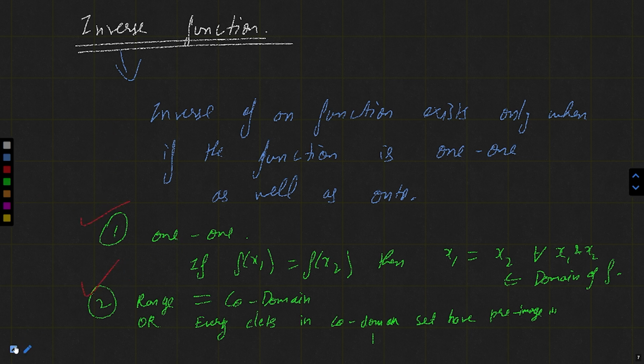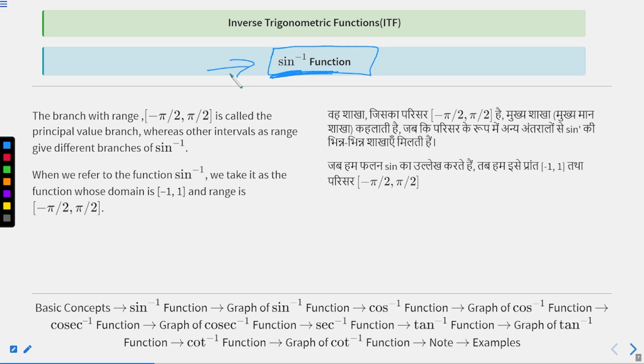Now, in order to define the sine inverse function, we need our function sine x to be 1-1 and onto. The sine graph looks like this.